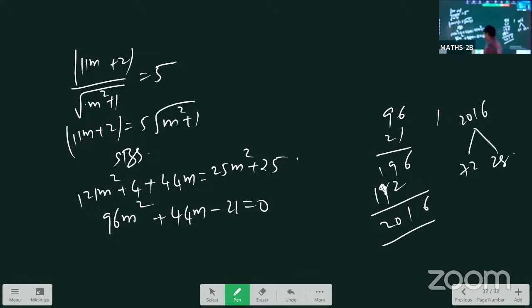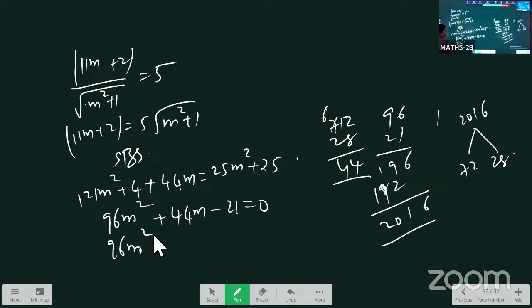Is it clear? If you want, you can do a subtraction: 72 minus 28 gives 44. So that is 96m square plus 72m minus 28m minus 21 equal to 0.